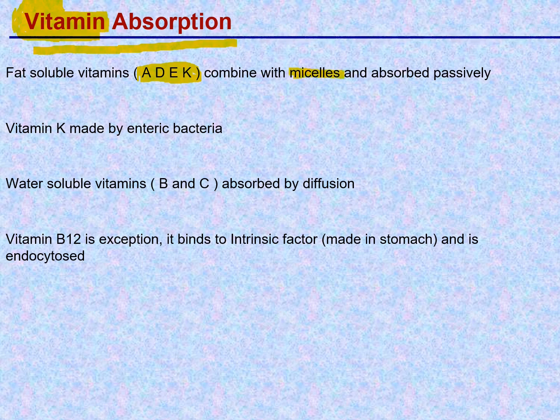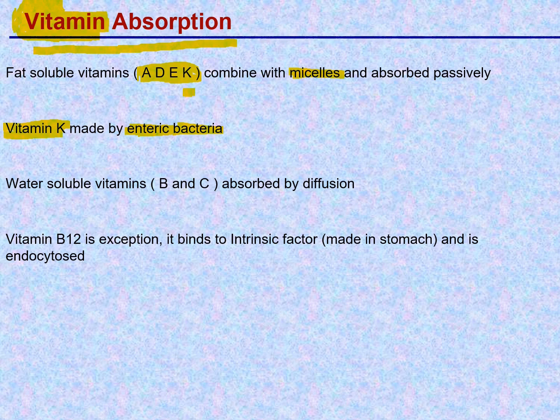You'll remember micelles are formed in the gut and absorbed passively. Among them, there's one that's interesting because it's not in the diet. It is actually made by bacteria in the gut. Enteric bacteria. Enteric refers to intestinal. So enteric bacteria synthesize vitamin K, and then we absorb it.